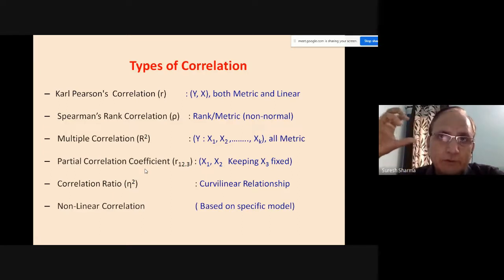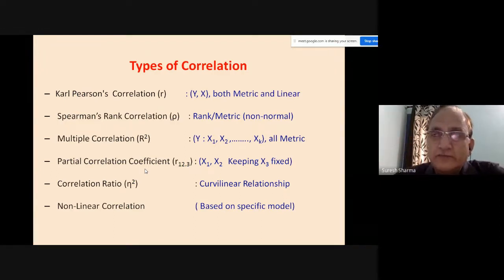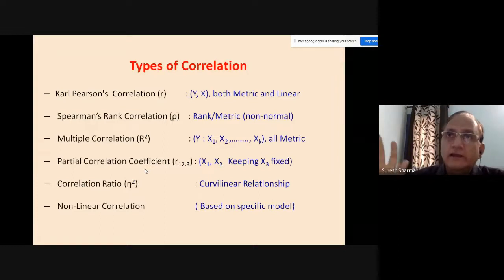Let's say there are three variables, x1, x2, x3. I'm interested in the correlation between x1 and x2, but the x3 variable can indirectly affect the relationship of x1 and x2.